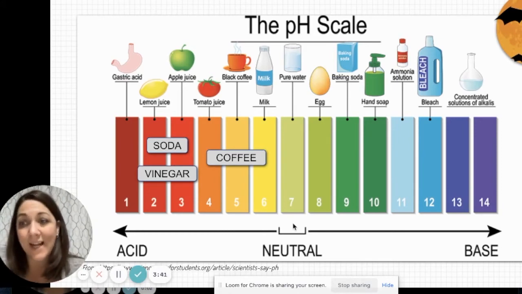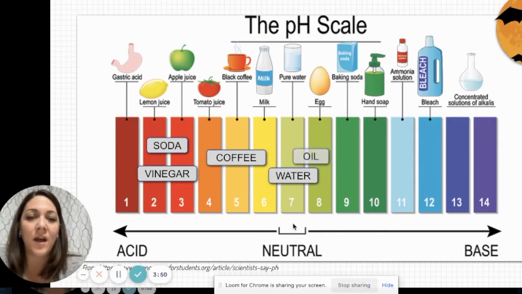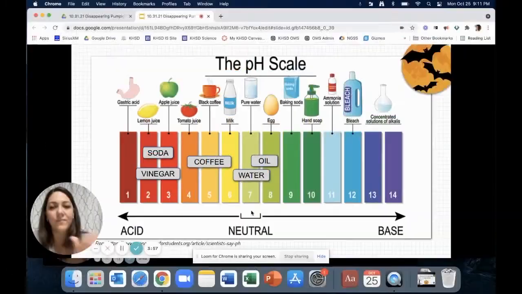So the exact pH of the coffee drink that we used may not be exactly right there. Water we said was 7. And then oil is a little bit more than that, like 7.5, 8 or so. That kind of gives us some perspective and to make some interesting observations about pH and how it may affect whether a liquid is able to dissolve candy, the little candy pumpkins or not.